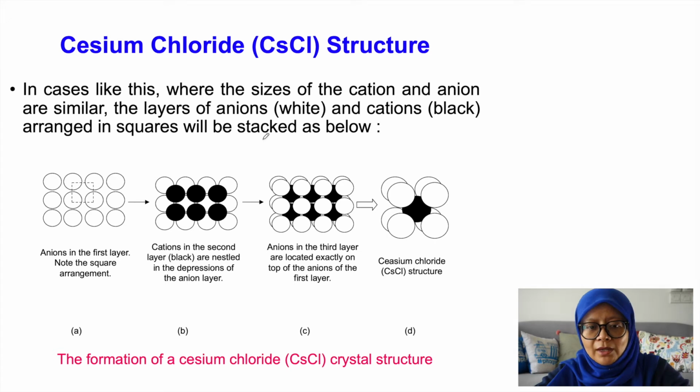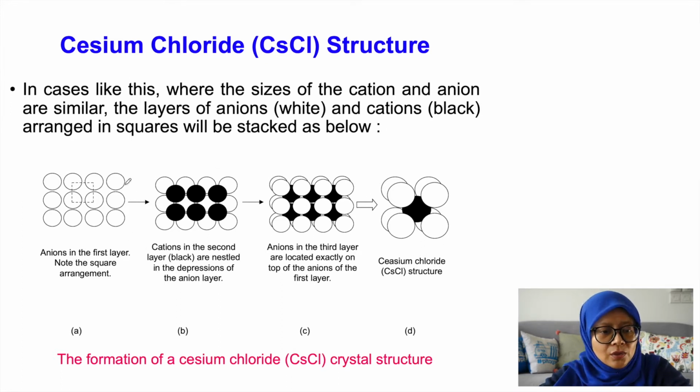Because the sizes of the cations and anions are almost similar, here the layers of anions in white and the cations in black are arranged in squares and will be stacked as shown in the diagram.